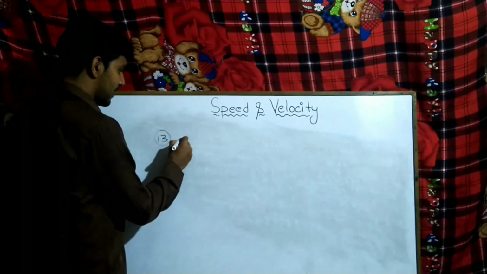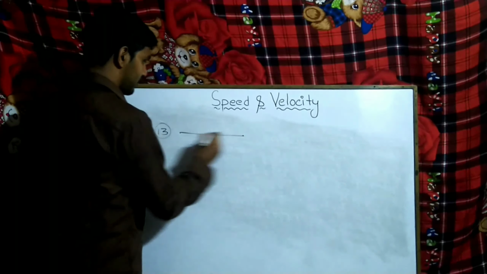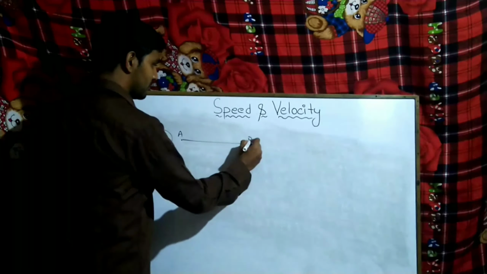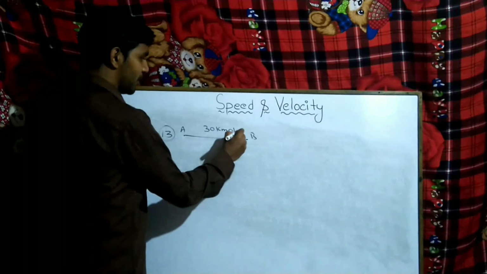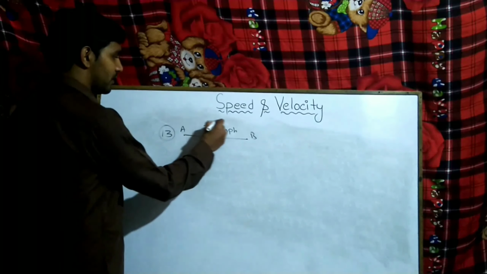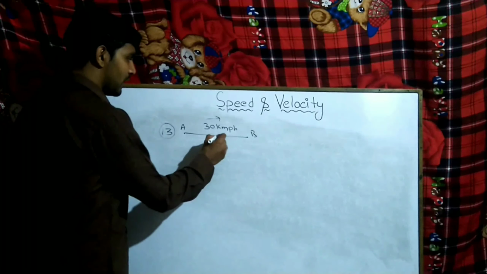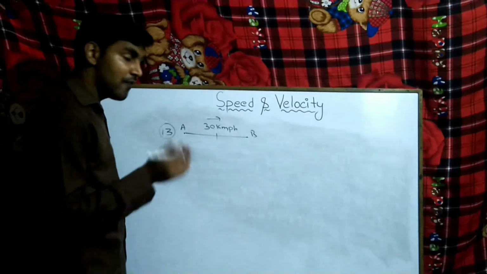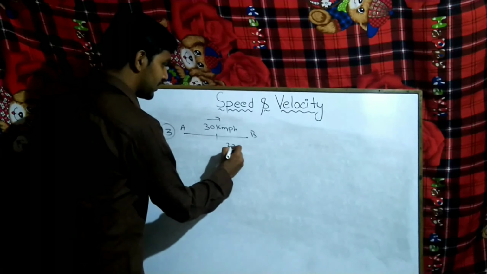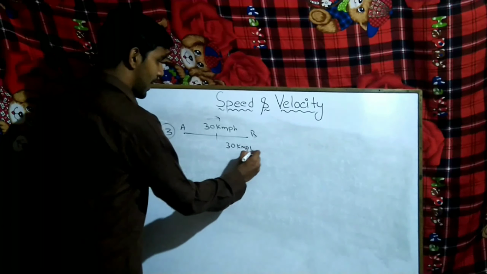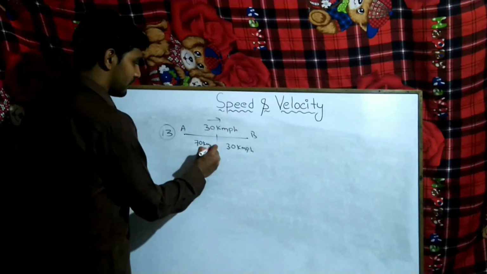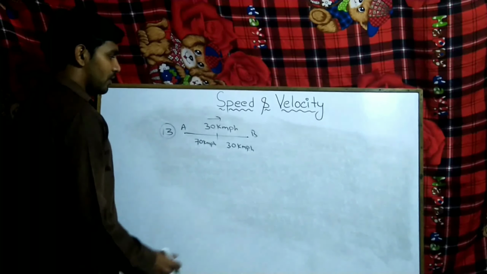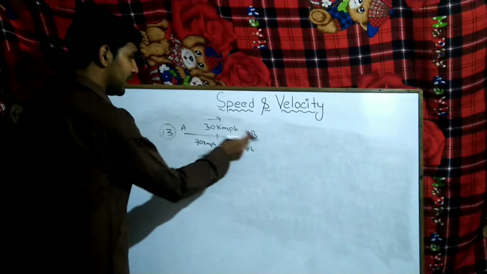I will take the same problem from A to B. The body is moving with a speed of 30 km per hour, but from B to A, half of the time is 30 km per hour, and the next half of the time it will be 70 km per hour.